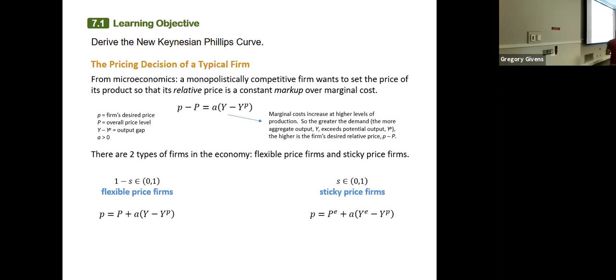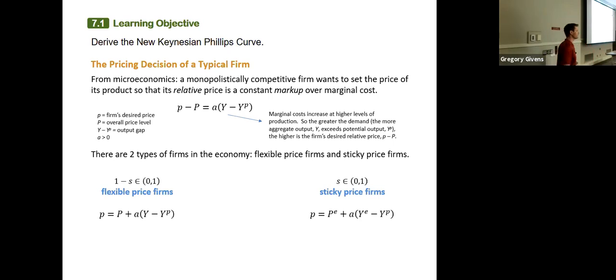So you set your desired price equal to expected price plus A times the expected level of output minus potential output. Now, in writing this, Levi, we've made an assumption here that firms know the level of potential output. They all know how much output the economy would produce if all resources were being fully utilized. So we don't actually need to make a forecast of that. So we know what potential output is, all right?